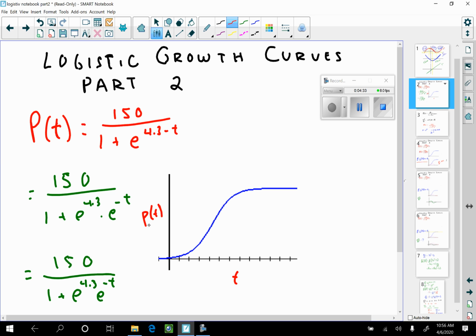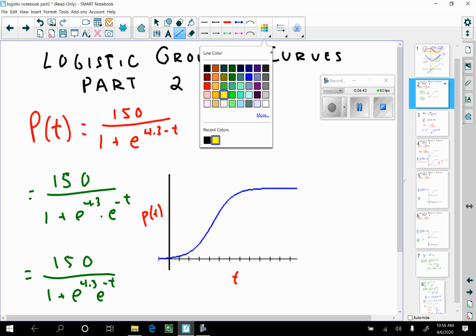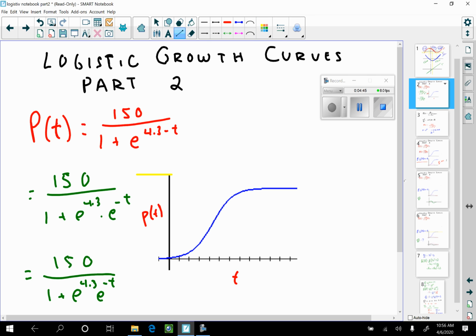And I know from previous examples that I've done that this 150 better be my carrying capacity. So I can make a horizontal line there, bring it down here, and that's the carrying capacity of my particular model. Okay, let's sketch that. This is where the population is going to equal 150.